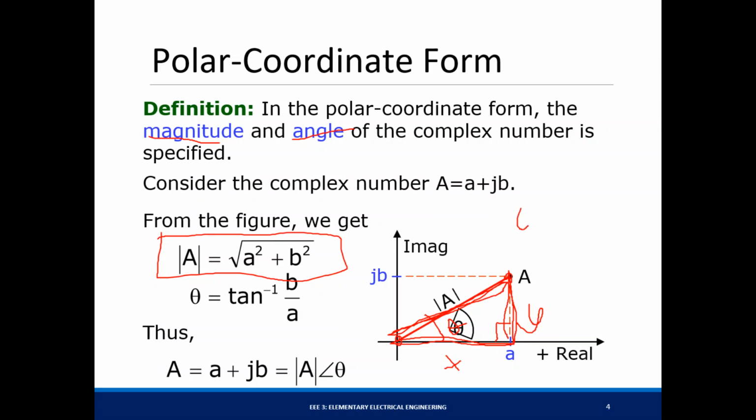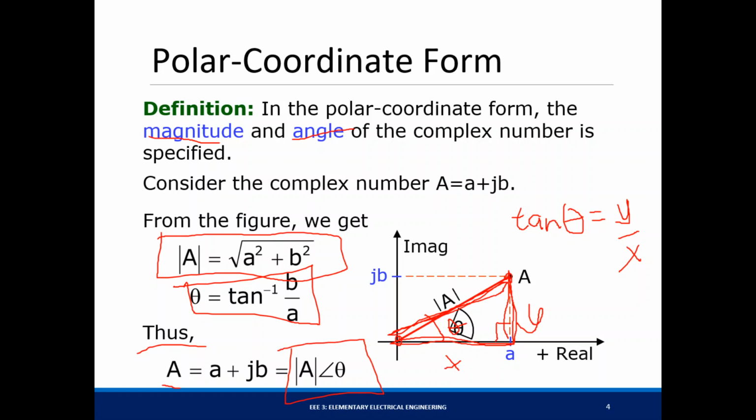So the tangent of your angle theta is equal to the opposite, which is y, divided by the adjacent, which is x. So that's where this equation came from. Okay? Thus, we can write our complex number A in this form, magnitude of A, angle theta. And this is called the polar coordinate form.